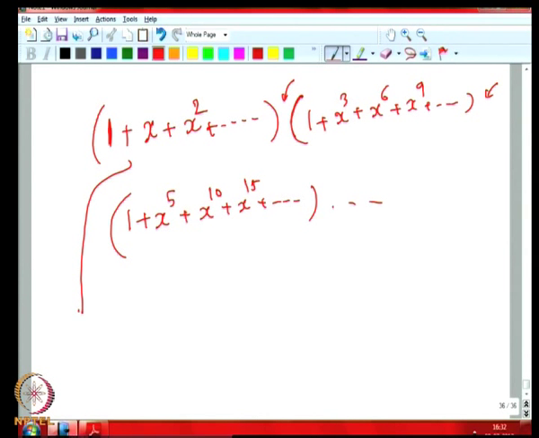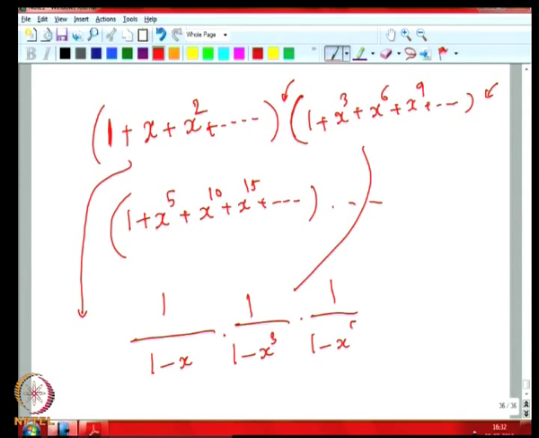But then this is 1 by 1 minus x, this is 1 by 1 minus x cube and 1 by 1 minus x raised to 5 and so on, only odd numbers.